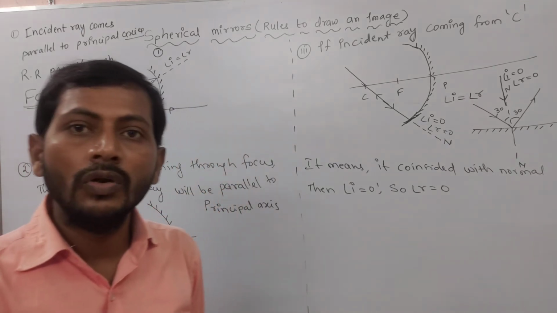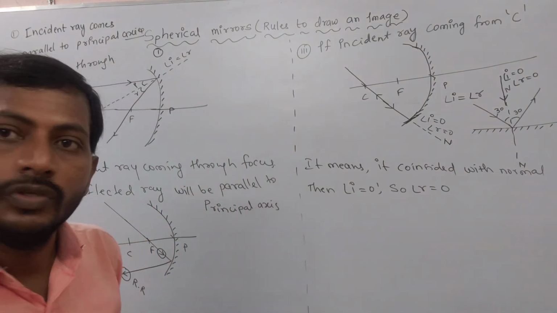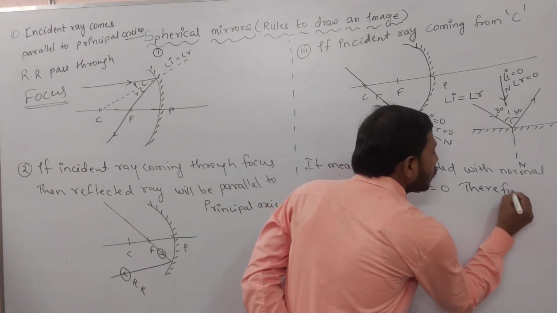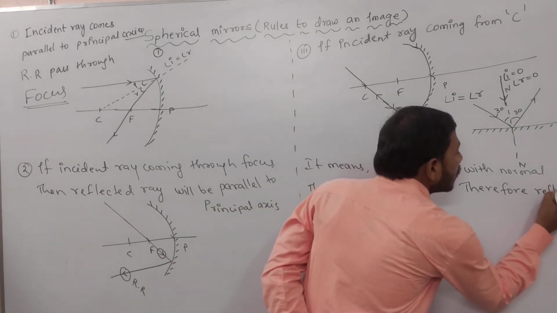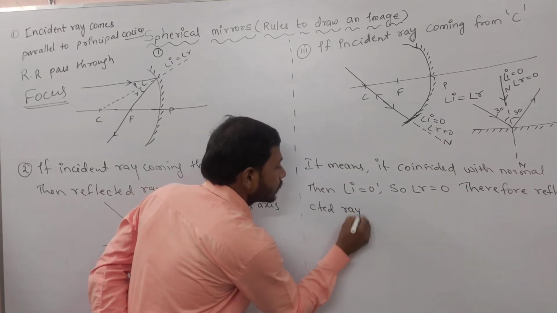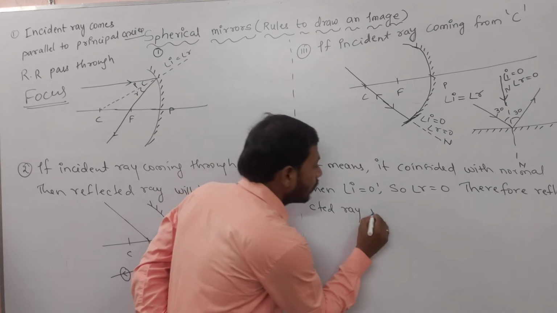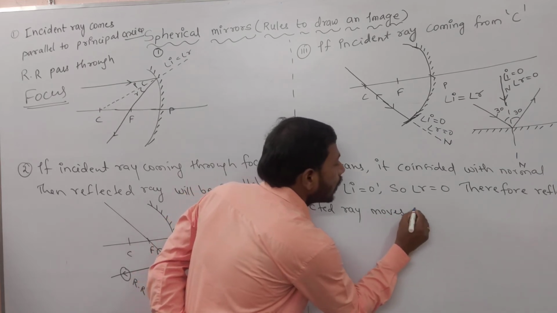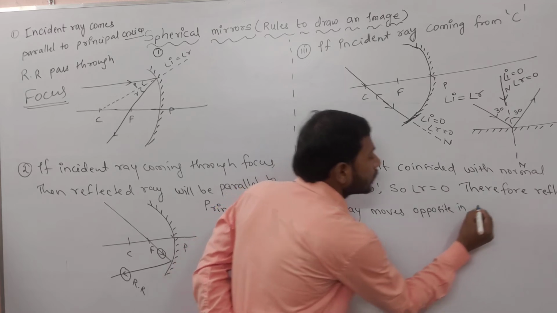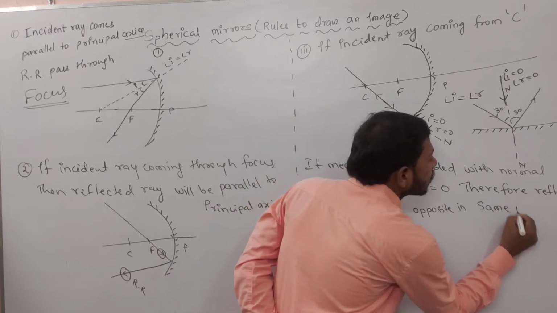Angle I equals 0, so angle R equals 0. Therefore, the reflected ray moves in the same path, in the opposite direction.